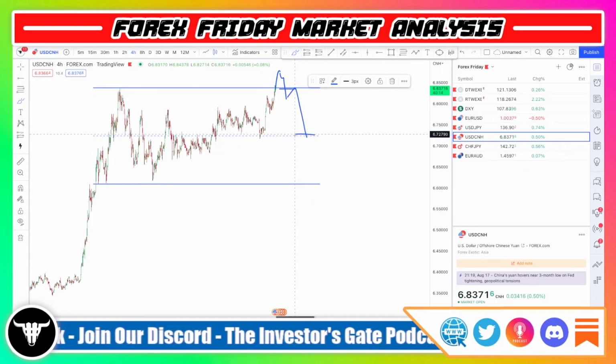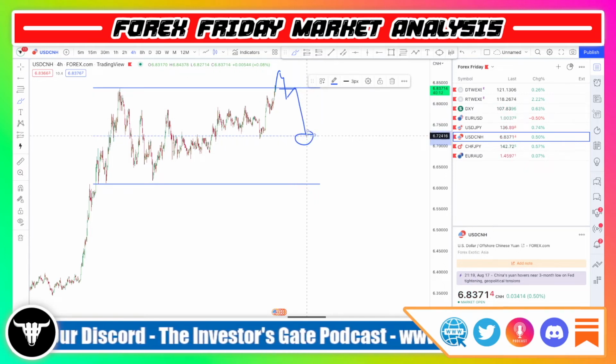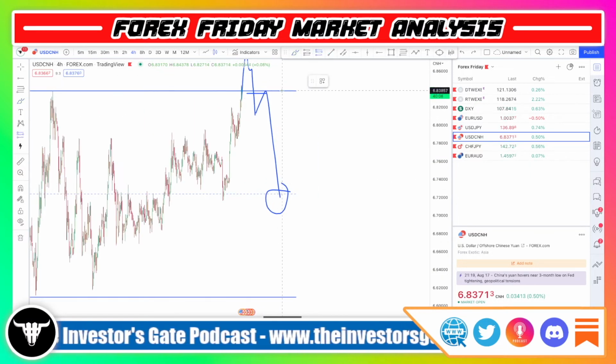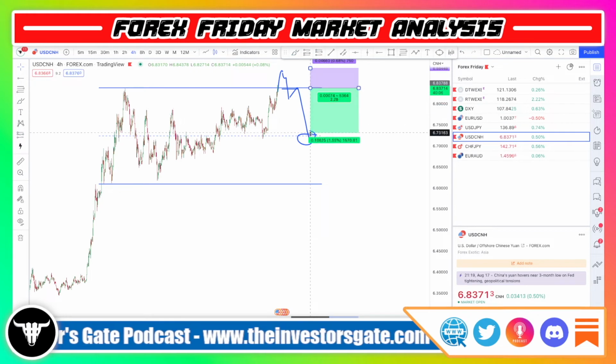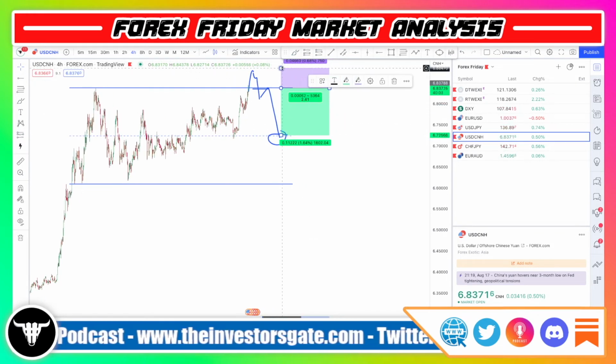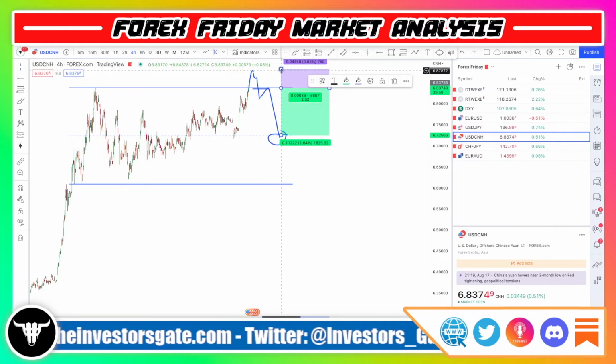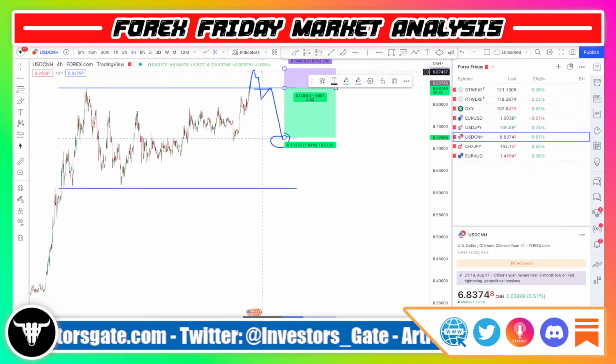I would only target the midpoint just given the dollar strength, but you could target the range low, at least have that as a second target. So what that would look like, something like that. And the stop, the invalidation, would just be wherever the high is.